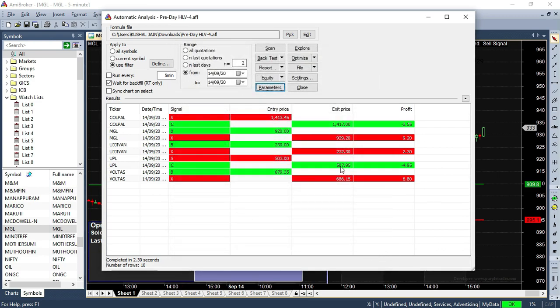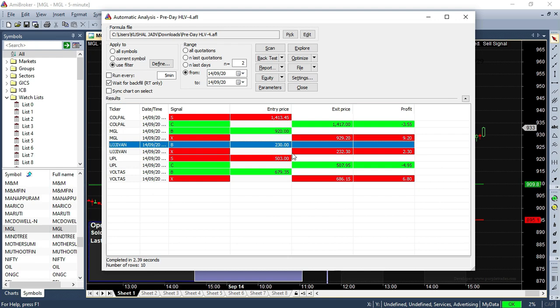So in today's trades, you will see that Kolpal had a short at 1413 and exit at 1417, so it gave me a small loss of 3 rupees. And MGL gave me a proper 1%. Buy at 920, square off at 929, gave a proper 1%. Then Ujjivan gave me 1% again.